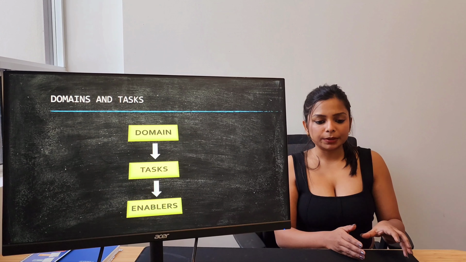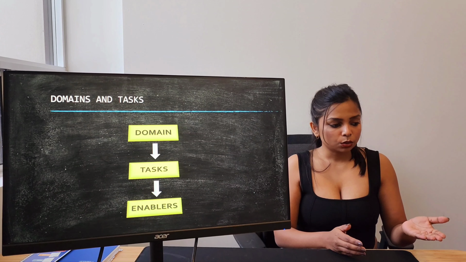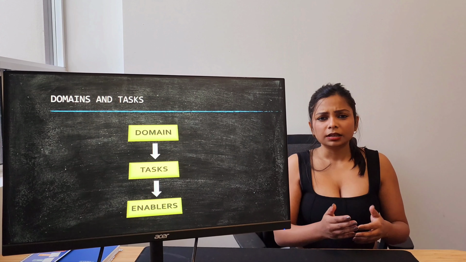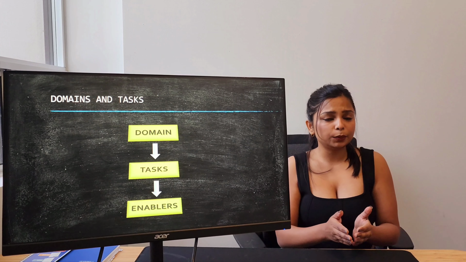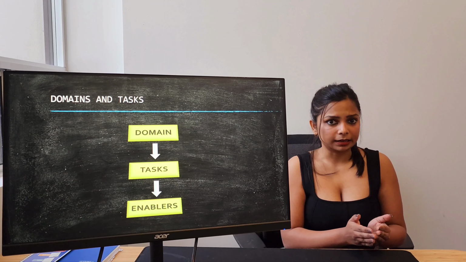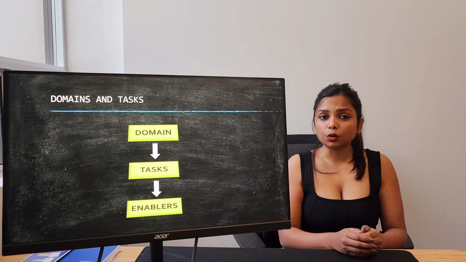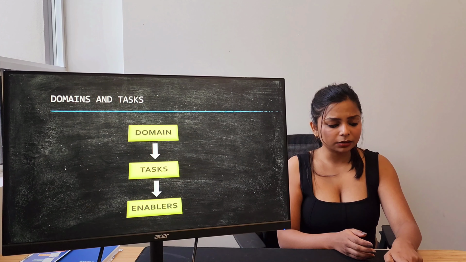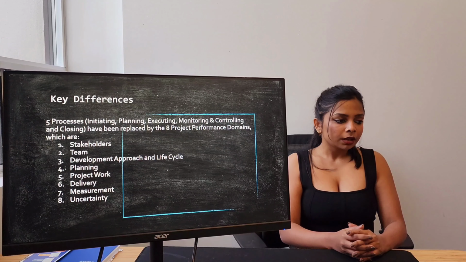Enablers are examples of the work associated with the task. Enablers are not a list that you have to remember, but they help you understand what the task actually is. After understanding these domains and tasks, let's see the major differences between the 6th edition and the 7th edition.